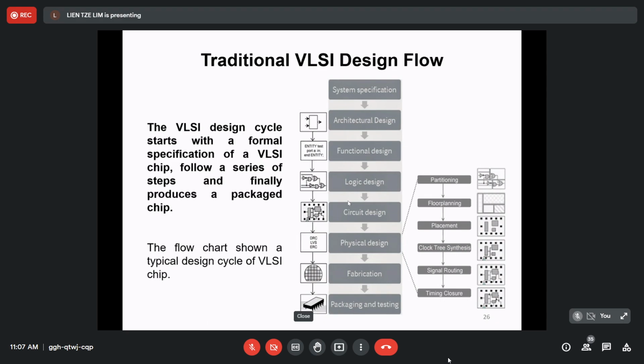The company can be a semiconductor company that has experts to design the IC and fabricate the IC for the customers. So that's why the first thing before designing the IC is that the specifications of the IC must be determined and specified.